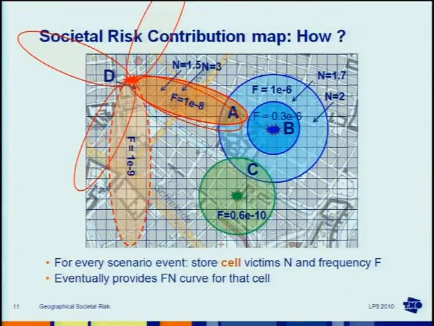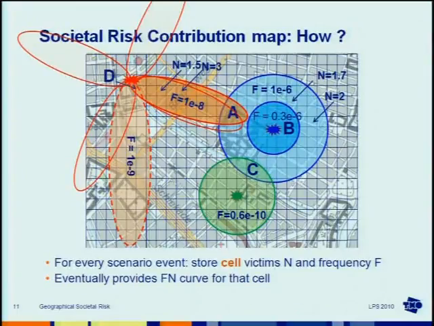Suppose you can have another scenario which involves a propane disaster, a BLEVE phenomenon, with typical lethality footprints. So you have a number of victims for every cell which is under the footprint of this event. You can have another event in the center, or an explosion event. And some areas may be hit by different events.